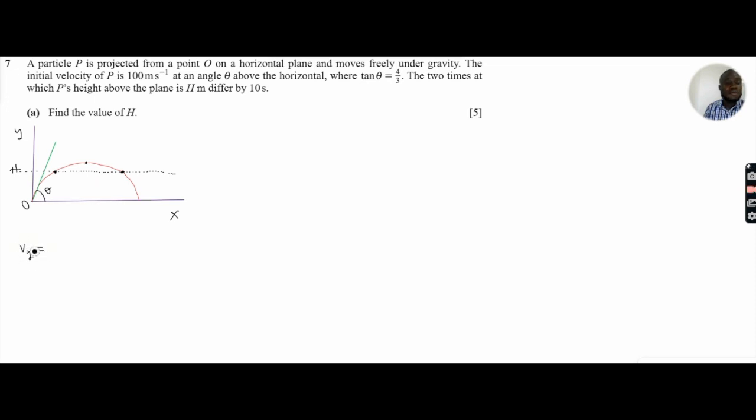The velocity of P along the y-axis at any point in time is given as, and given that tan of theta is 4/3, then sine of theta should be equal to 4/5, and cosine of theta should be equal to 3/5.